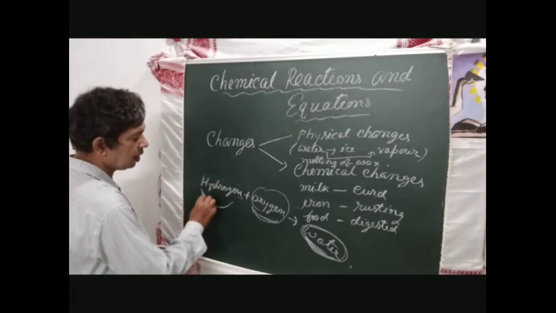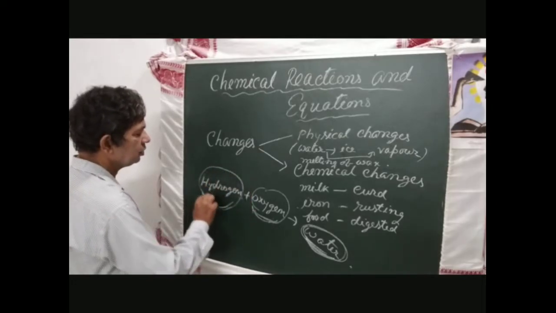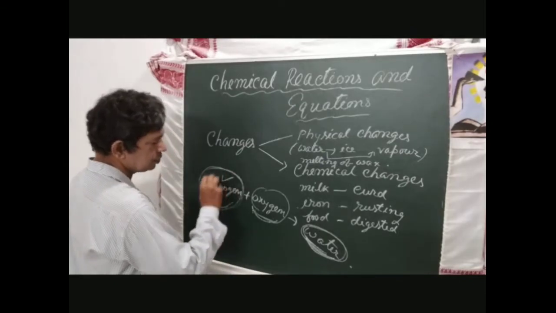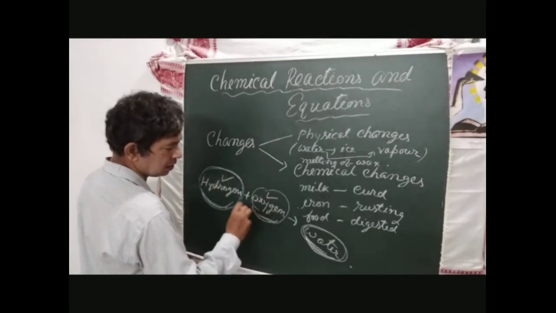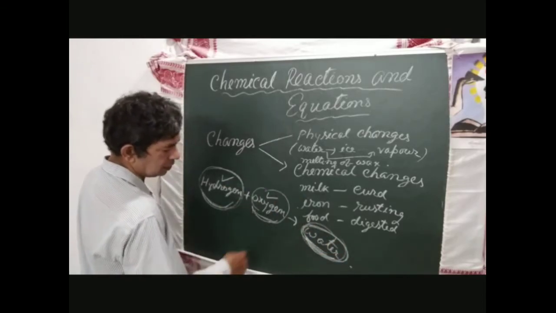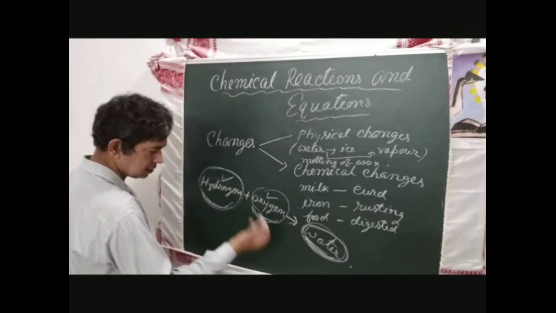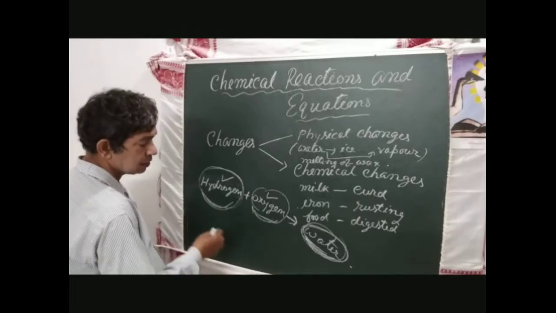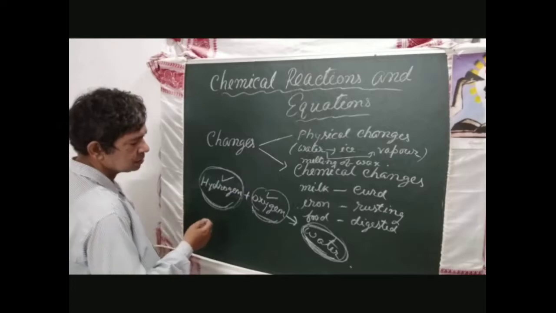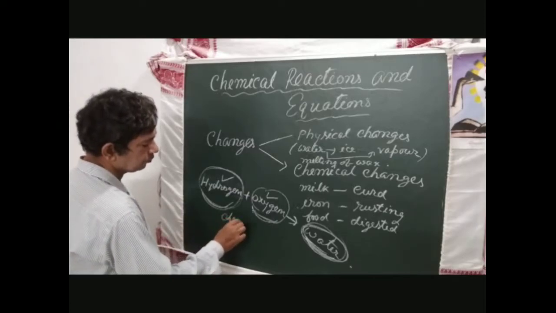Similarly, hydrogen burns itself when it comes in contact with fire. So the properties of hydrogen and oxygen are not the same as those of the product. This type of reaction is called a chemical reaction, and the change behind it is a chemical change.